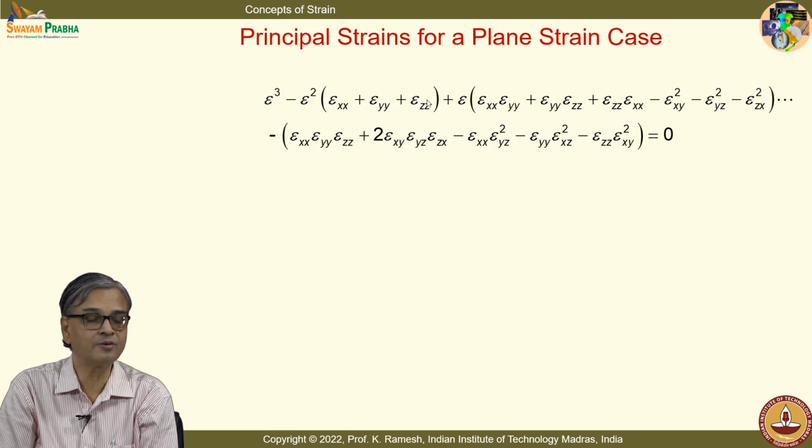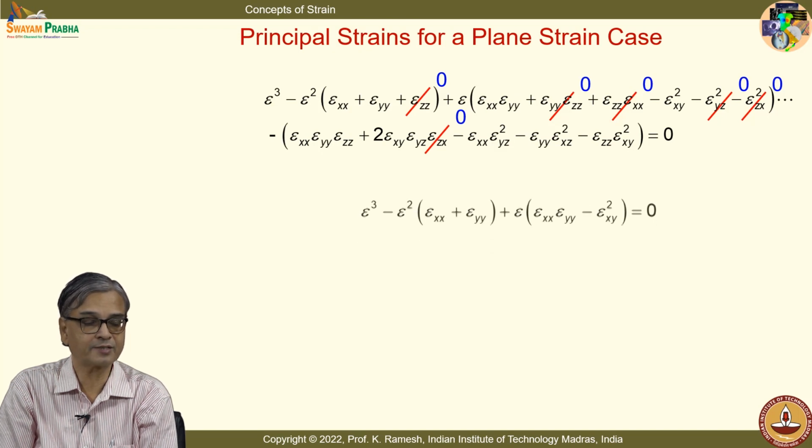Suppose I knock off terms related to z, since we confine ourselves to 2 dimensions, this quantity will go to 0, this will also go to 0, this will also go to 0, and the complete J3 will go to 0.